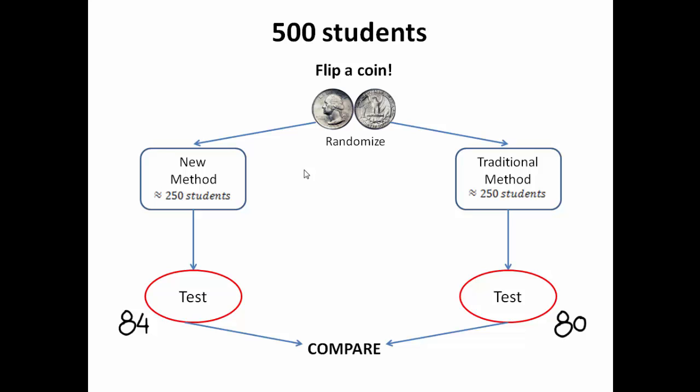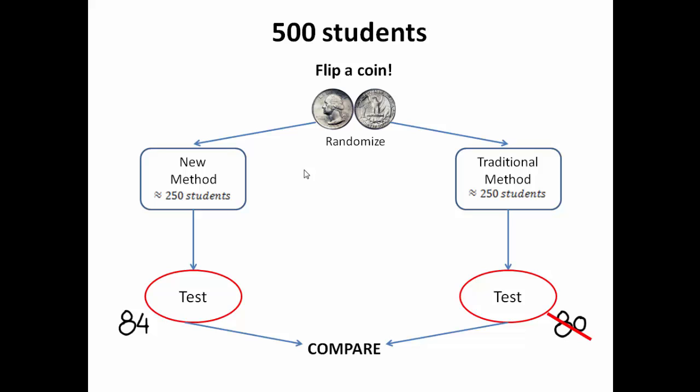Now the question becomes, is this a reasonable enough difference between the two groups to say that my new method is truly effective in raising test scores? It's hard to tell, and that's what the rest of this course will be about: how to make that judgment of whether or not we see a significant increase in the test scores.